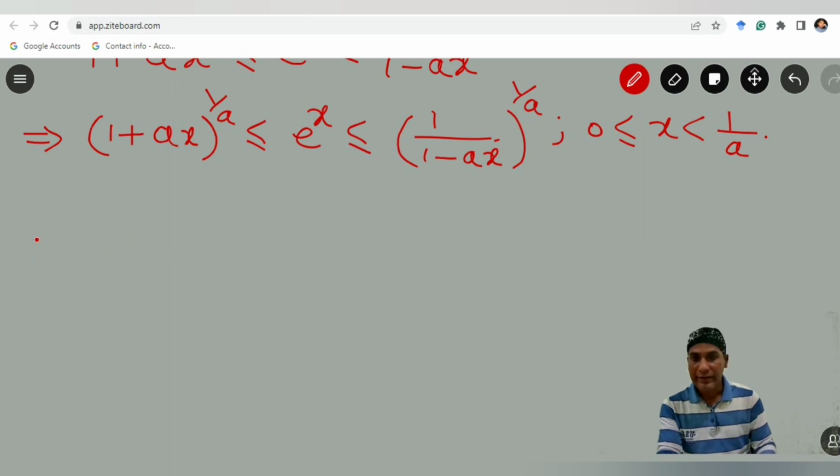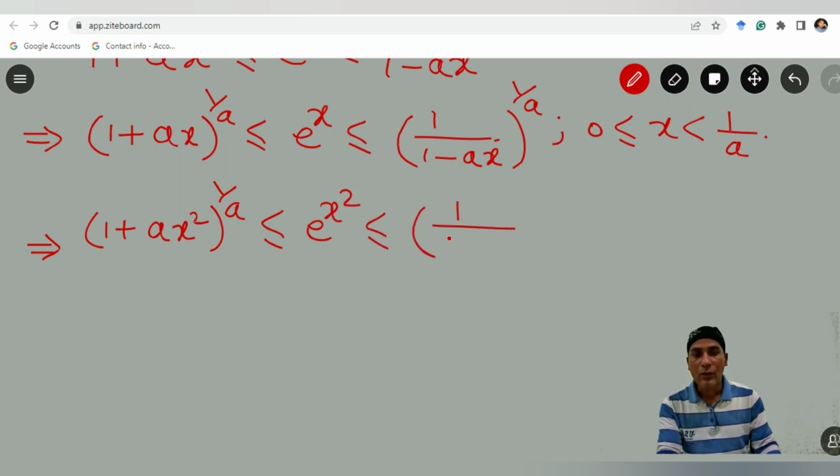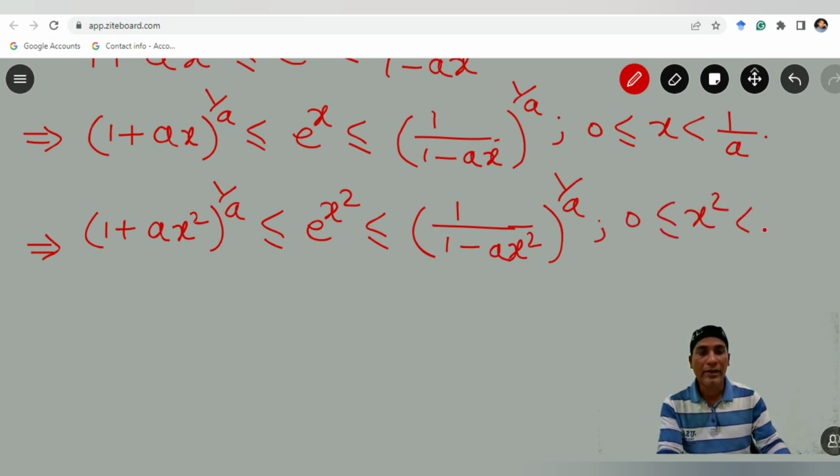So I write 1 plus ax square to the power 1 over a less than or equal to e power x square less than or equal to 1 over 1 minus ax square to the power 1 over a, where 0 less than or equal to x square strictly less than 1 over a.